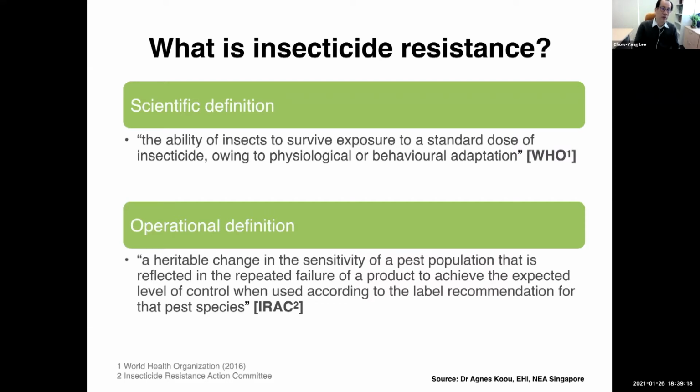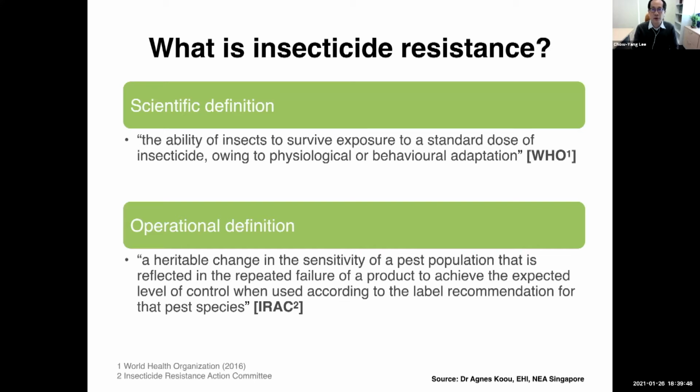But from the operational definition by IRAC, this is a heritable change in the sensitivity of a pest population that is reflected by repeated failure of a product to achieve the expected level of control when you use it at the label recommendation for that particular pest species.